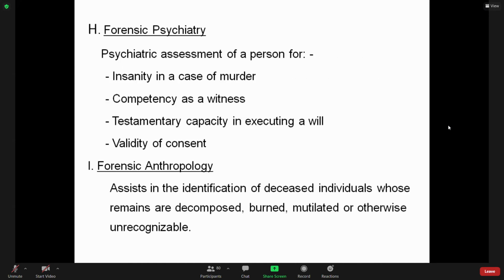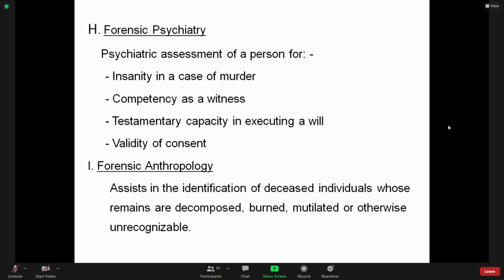Lastly, I think no, not last, second last. So we have a branch called forensic anthropology that assists in identification of a deceased individual whose remains are decomposed, burned, mutilated, and or otherwise unrecognizable. All right, mutilated, do you understand? Cut marks or such things are studied. Mutilation is something you get a bit confused about.